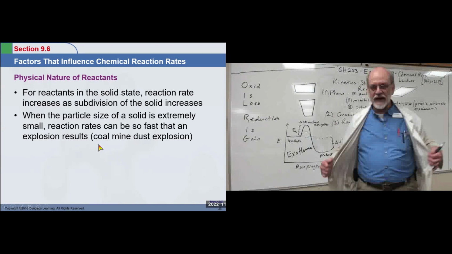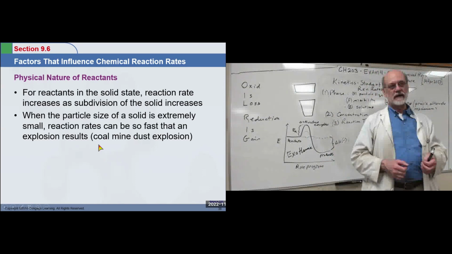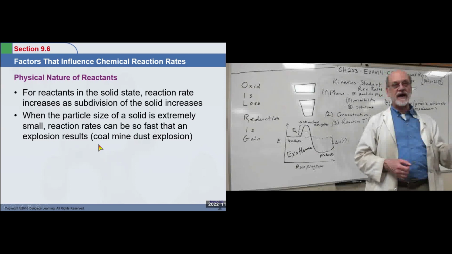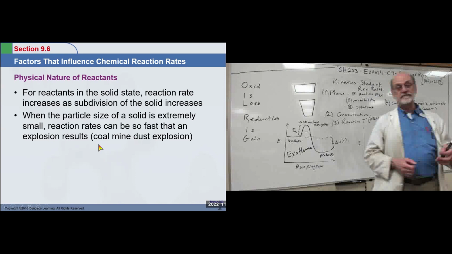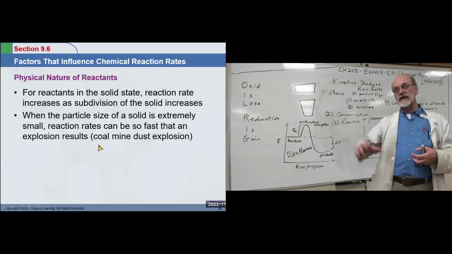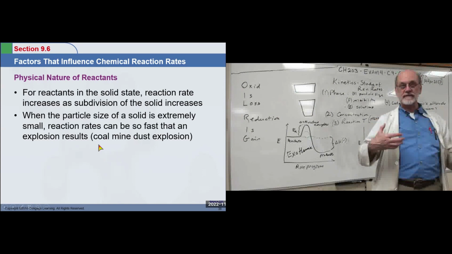But during the mining process, you produce coal dust. And that coal does several things. It goes into the miners' lungs, right, and gives them black lung. But it can also mix with the air that's being blown through the mine to supply the miners with oxygen.